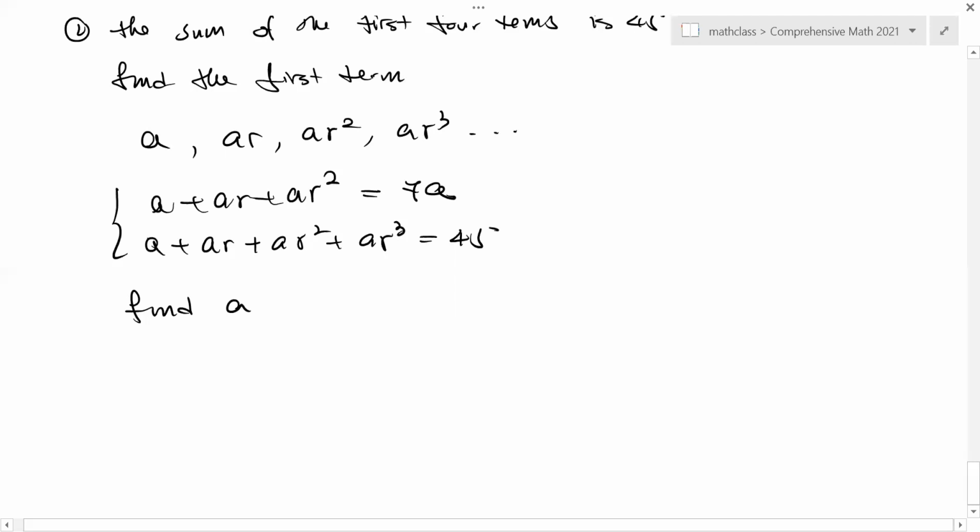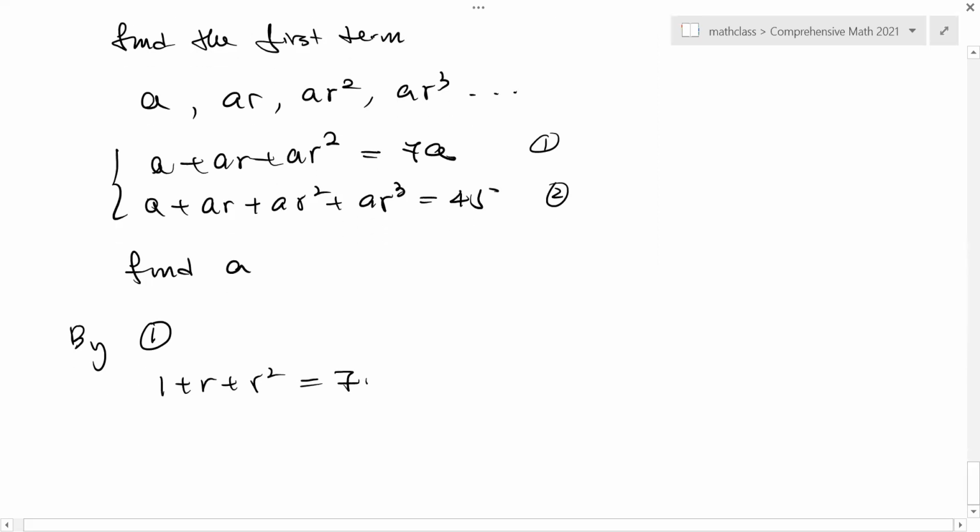All right, nice answers, great. So you see that from the first equation, maybe you have to find R first. By the first equation, you will see that 1 plus R plus R squared equals 7.